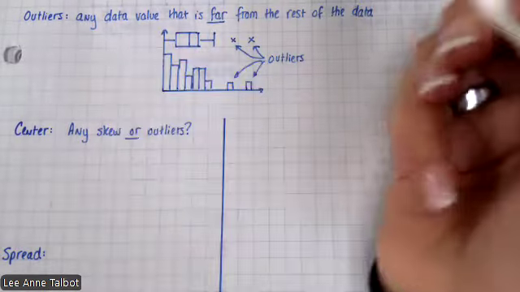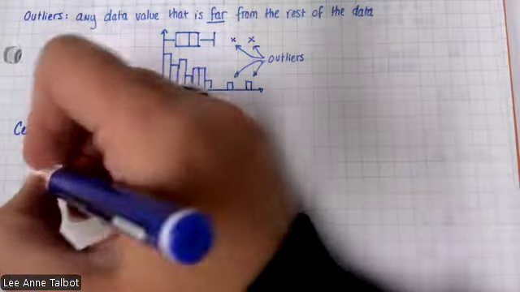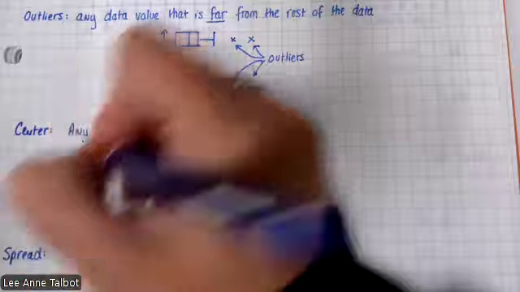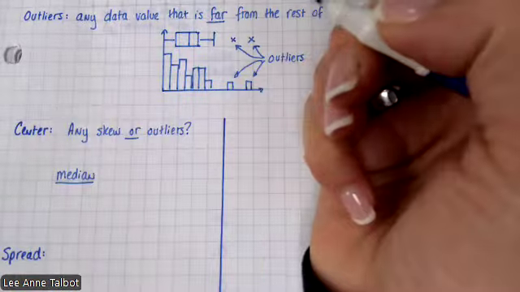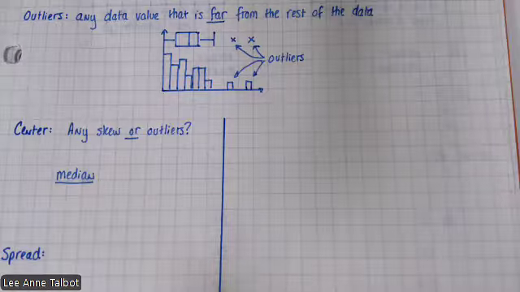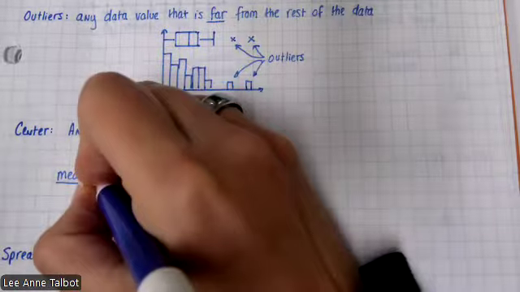And underline the word "or", because it's either one, any skew or outliers. The center is the median. Do you guys remember we talked about that yesterday? You want to use the median if there's outliers.